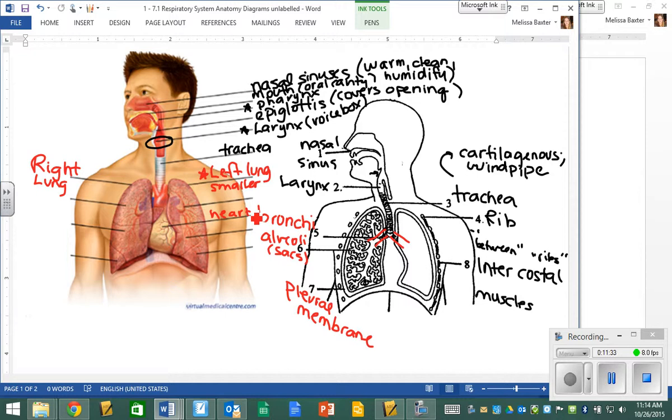We're going to focus only on the parts that the air is going through, so the trachea, bronchi, etc. The other thing that I would like to label just as a whole is this. The entire space in which your lungs and your heart is contained is called your thoracic cavity.